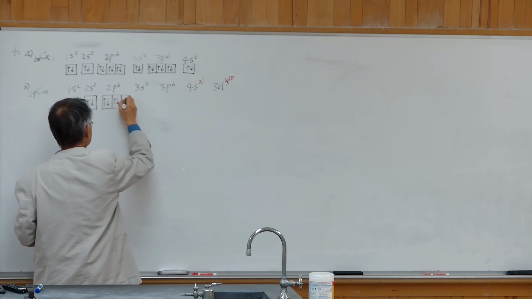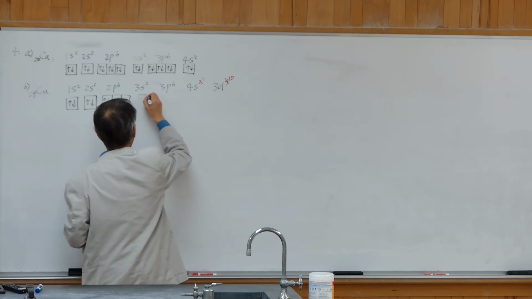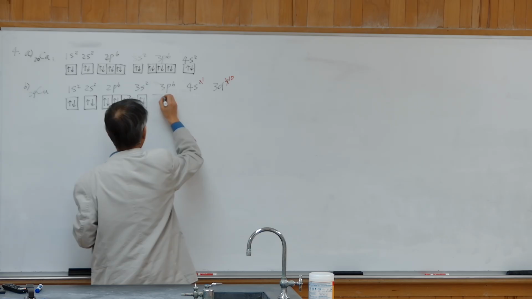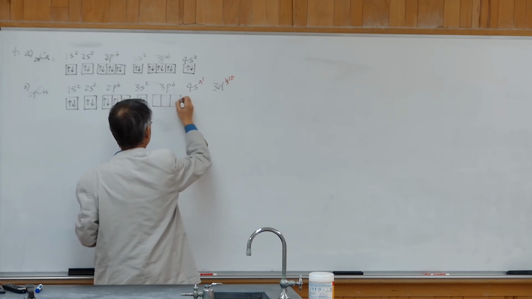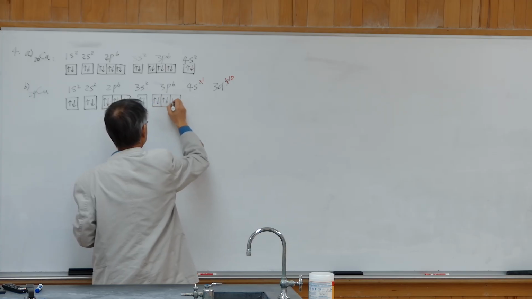Place 2 electrons in each box in opposite spin direction. 3s is 1 orbital, 1 box, 2 electrons. 3p, 3 orbitals, each orbital holds 2 electrons.